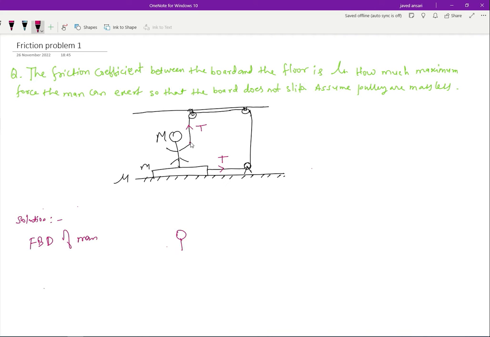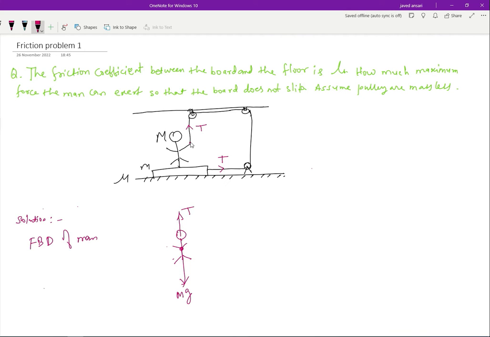So on this one, what forces are working? So let us say this is his center of mass, right? So there will be its weight mg downward. Then tension, right? Tension is pulling the man upward. So you can show here tension is pulling the man upward with T.